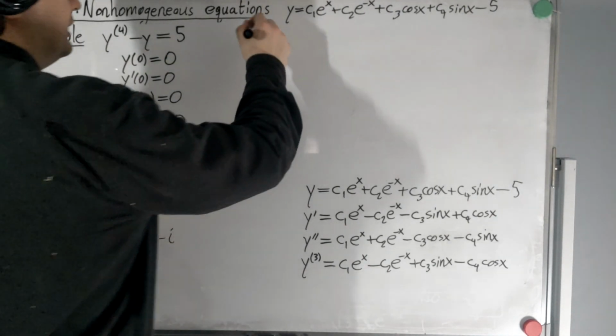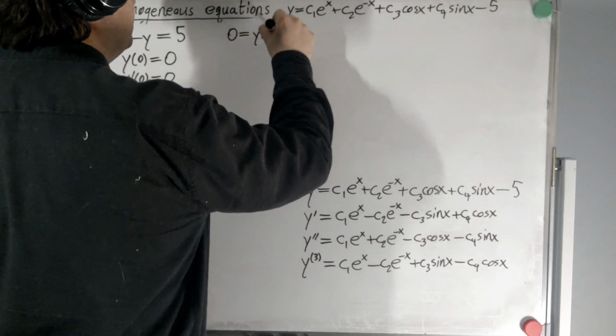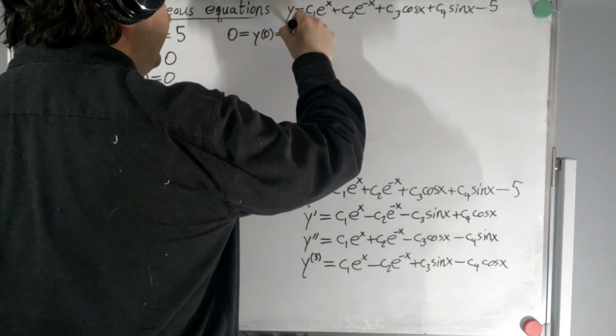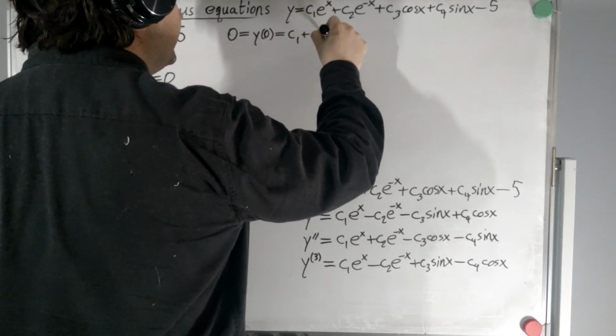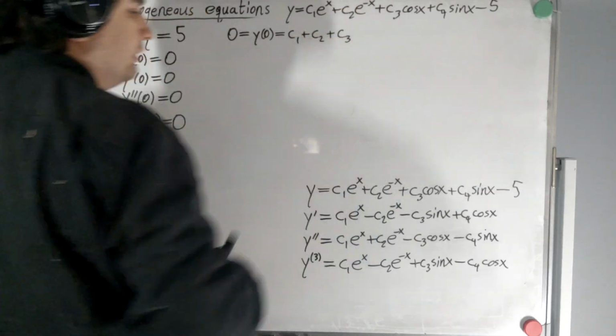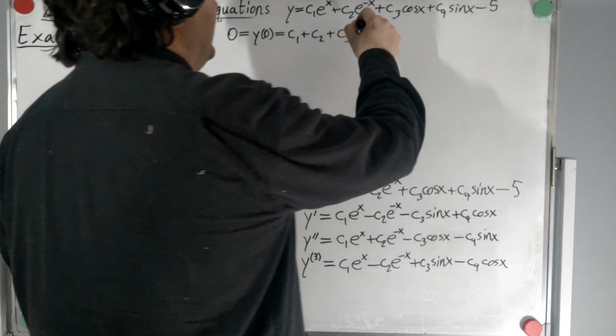So 0 has to be y of 0. Y of 0 is apparently going to be c1 plus c2 plus c3, cosine of 0 is 1, c4, sine of 0 is 0. And then minus 5.